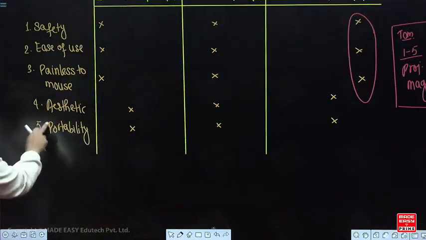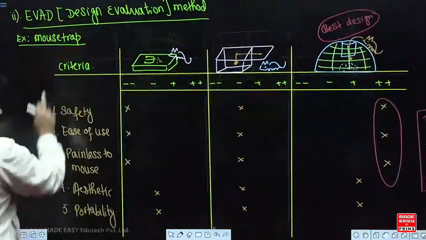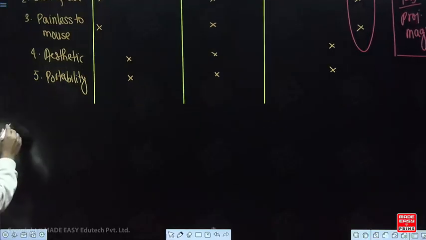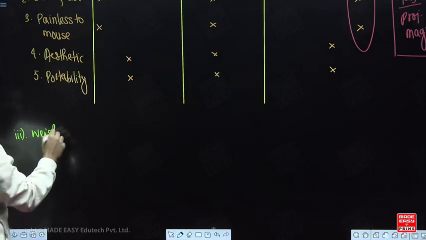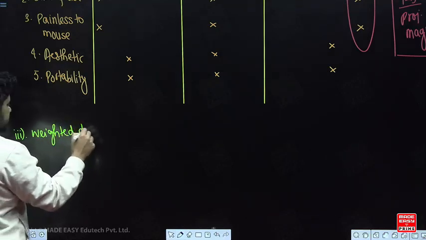Next, number 3 is the weighted decision matrix.